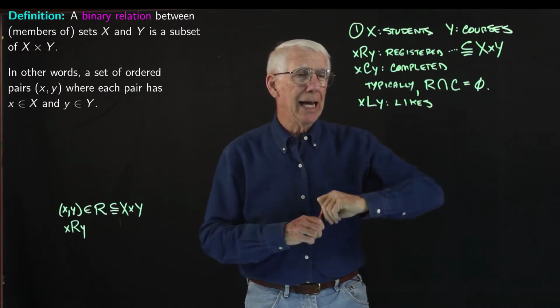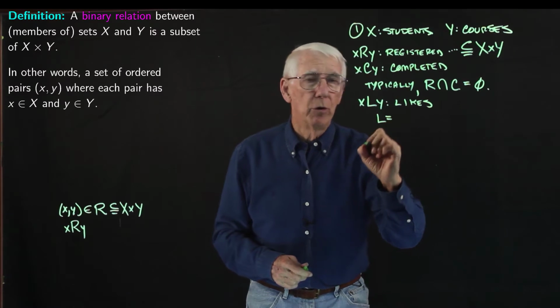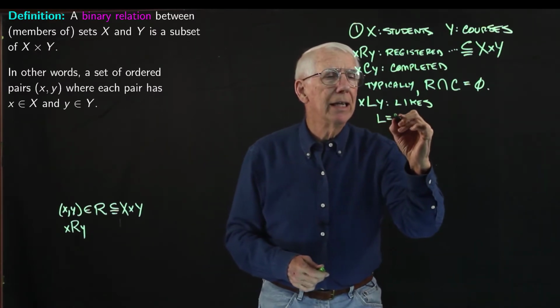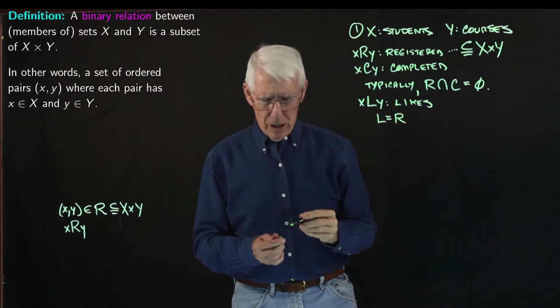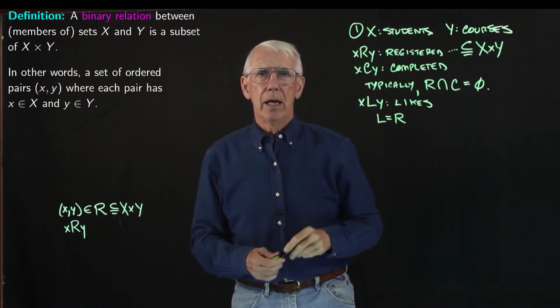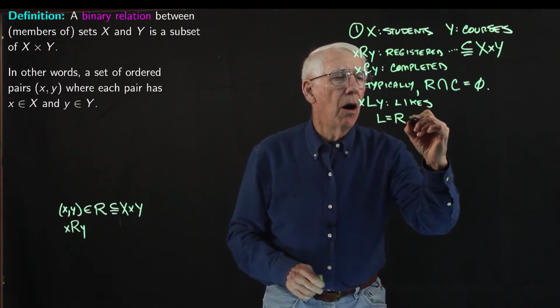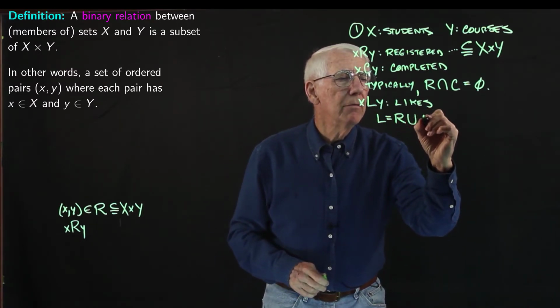So it might be the case that, for example, L, the relation or set L, is equal to the relation R, that students have registered in exactly the courses they like. Or perhaps that L is equal to R union C.